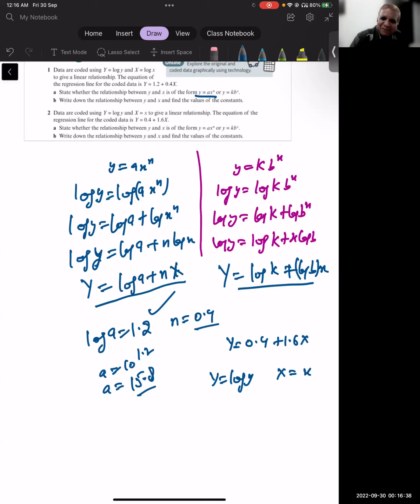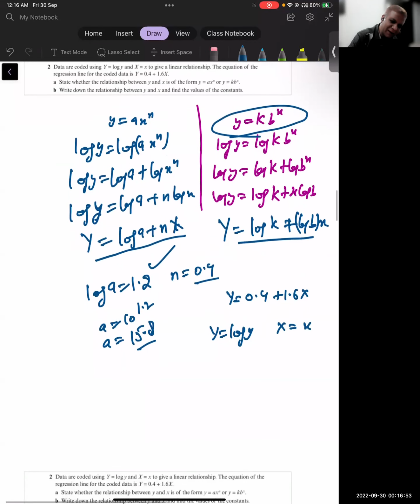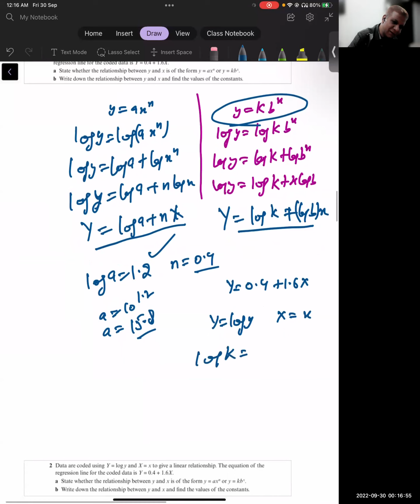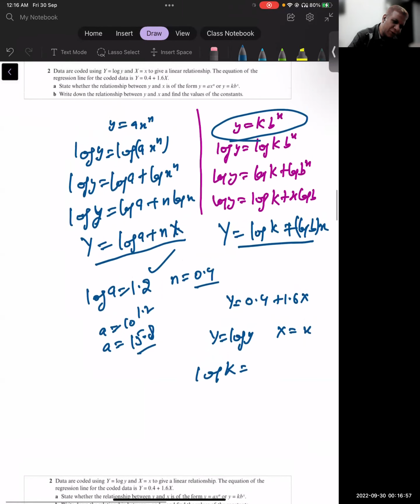So which one is giving me the right equation? It will be y equals kb to the power x. And when it is kb to the power x, then both the values will change, whatever you were telling me. Then log k becomes 0.4 and log b becomes 1.6, right?